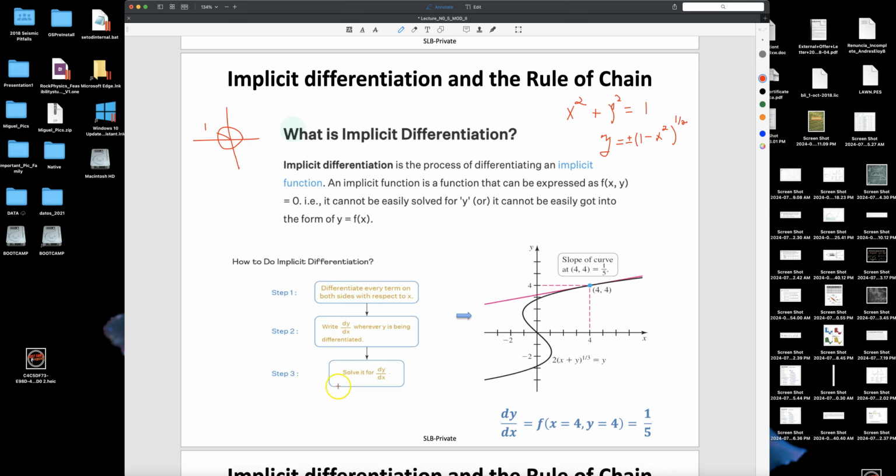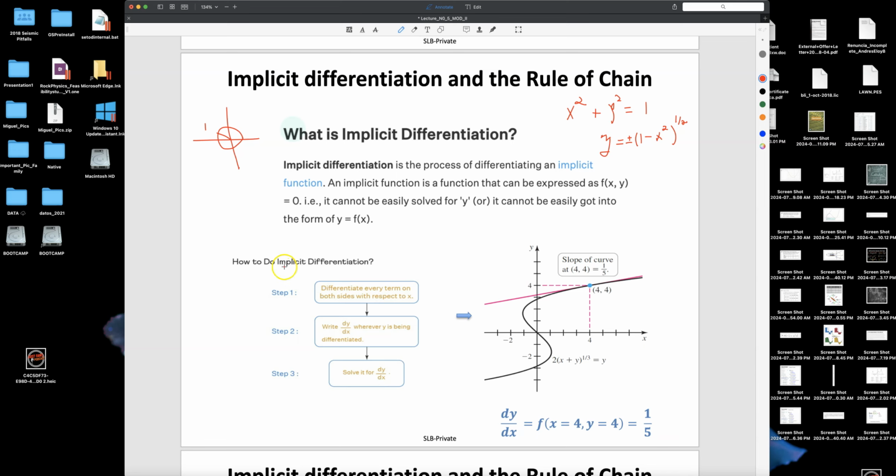And then at the end, solve for the derivative of y with respect to x. What you're going to do, like a very simple linear equation, is group like terms, and one of the terms is going to be the derivative of y with respect to the independent variable x. And you solve for that one. That's it. Okay? That's the way to go with implicit differentiation.